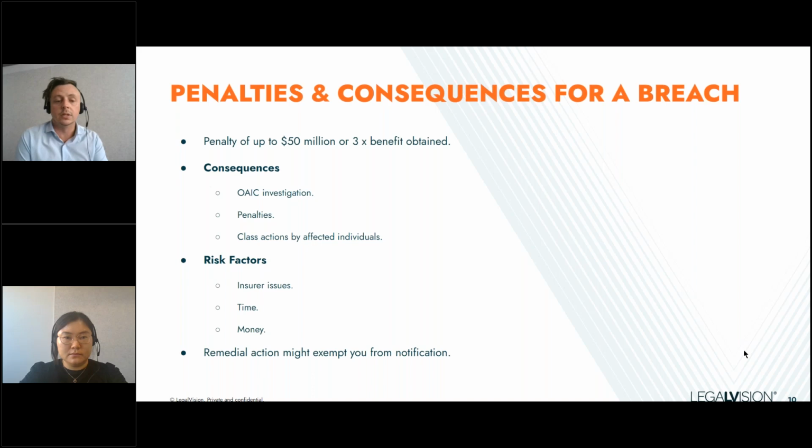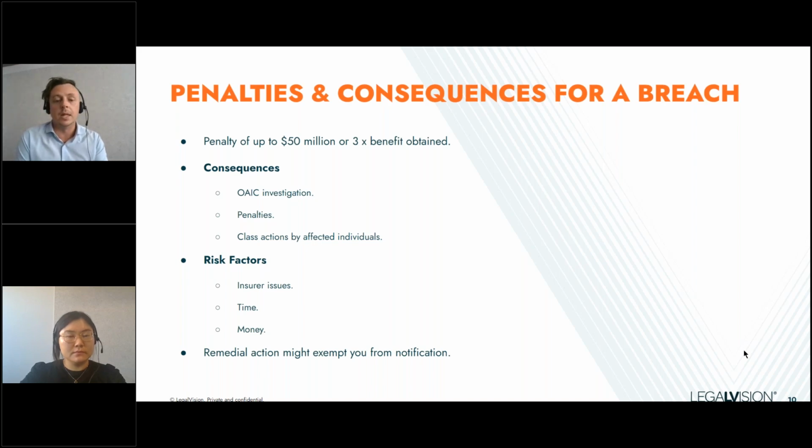The consequences of failing to notify may result in the OAIC investigation and include a penalty under the Act. The Commissioner can order you to notify people at risk of suffering serious harm as well. Other consequences include class actions by individuals affected.